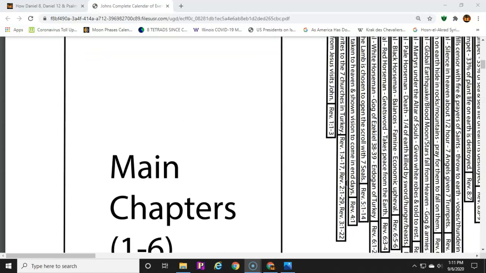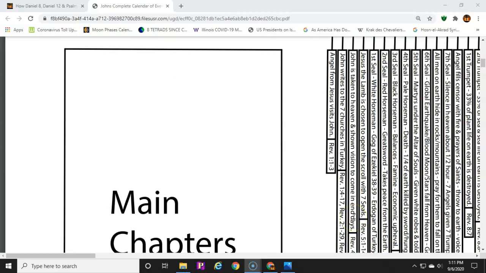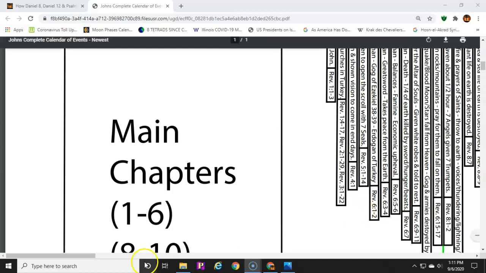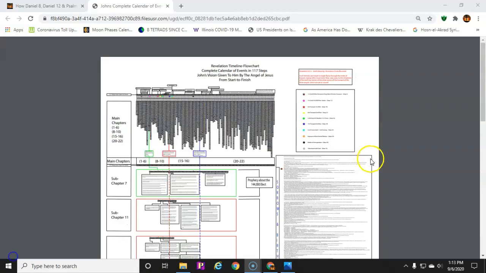So you can follow these verses along, and I'm not going to keep going over the verses. I want you to be able to see that each of these has an attached verse, and so we can then just go through the story, and you can follow these through in your Bible and see where and how all this works together.